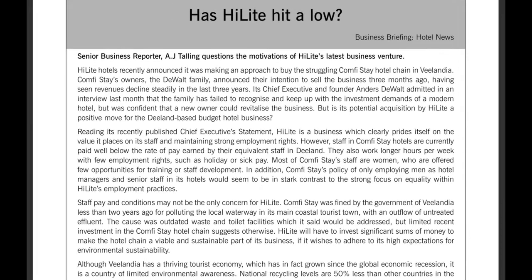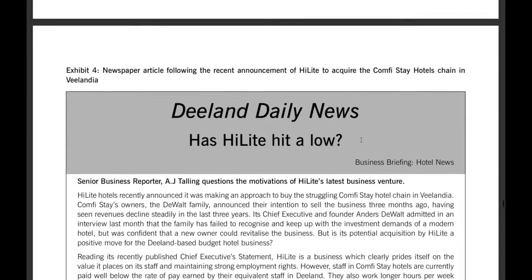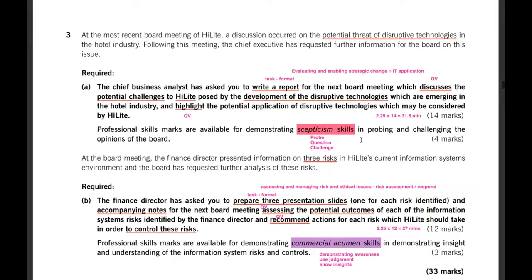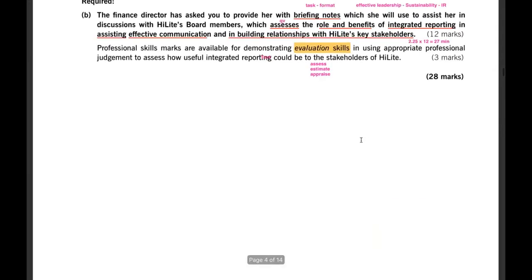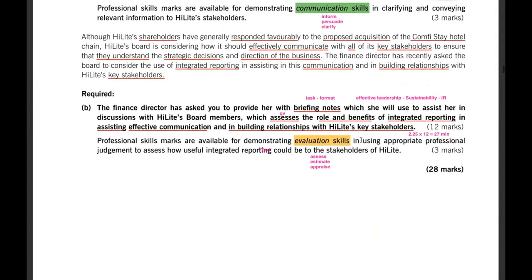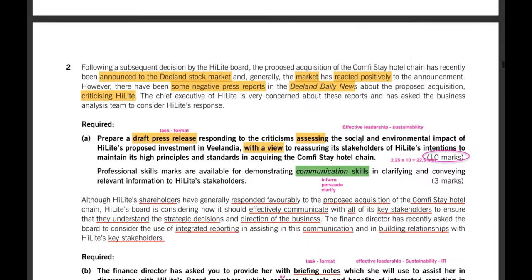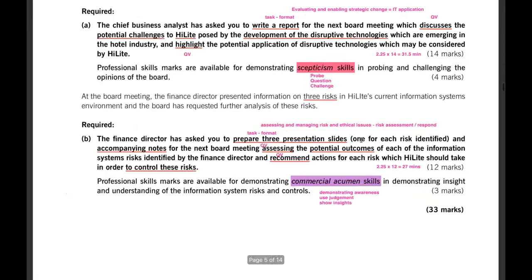Remember the criticism that you're talking about in one of the questions, and that particular criticism is supposed to be in which requirement? Criticism. This is question number 2A.